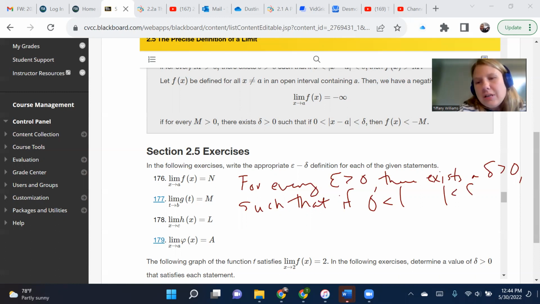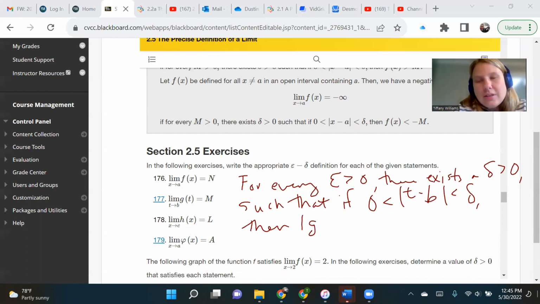The 0 and the delta are standard to this statement, but we need to pull this information out. It's going to go in this absolute value from the information given. Remember, that was the variable that you were using minus what you're approaching. The variable that we are using in 177 is t, right? Because it's t approaches b, so this is going to be t minus b, because that's what we're approaching, is less than delta.